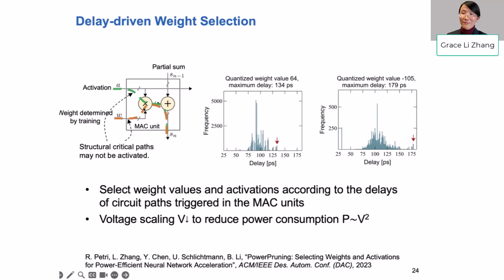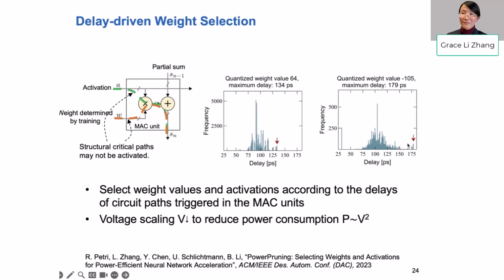But we find that it's not necessary, because in neural networks the activation transitions and partial sums may have special patterns. If you simulate them, you find that different weights, for example 11111 and 1001, have different delay distributions. These are the real delay distributions.